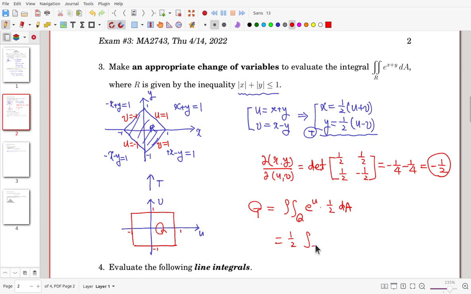Now -1 to 1, dv times the integral from -1 to 1 of e to the u du. Right? So there's a half. This integral is 2. That one, the antiderivative is the same as the original one, and we are evaluating at -1 and 1, and this one makes 1, and then from here we have e minus e to the -1, right? That's the final answer.